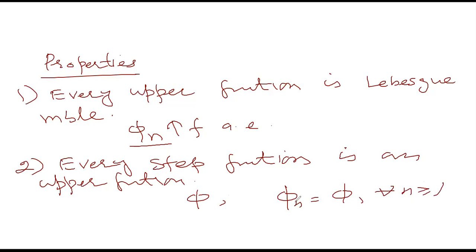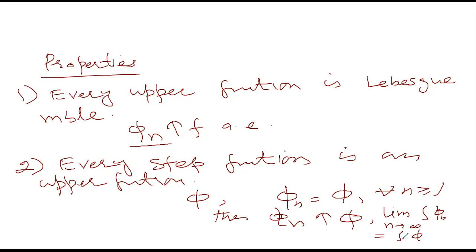Then this is an increasing sequence, because phi 1 is less or equal to phi 2, and so on, since each phi n is equal to phi. Its limit is equal to phi. And the limit as n approaches infinity of the integral of phi n is just the integral of phi. But phi is a step function, and the integral of a step function is always finite, so this is finite.